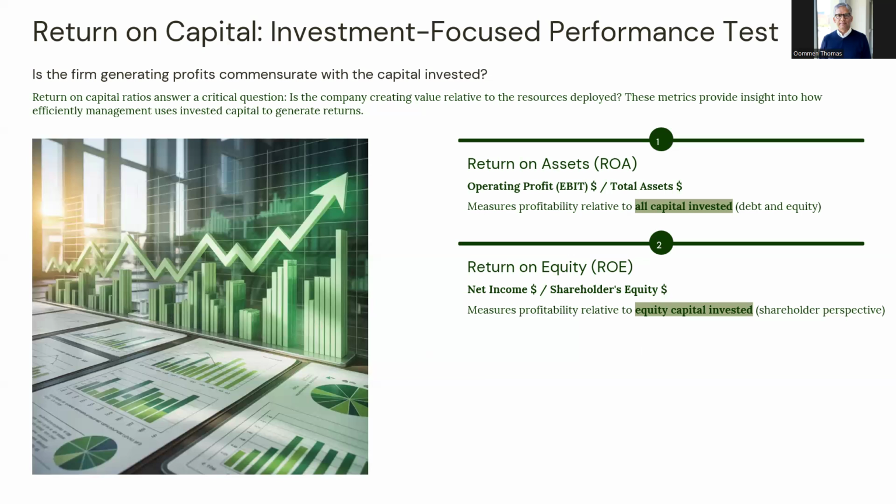This is a much more narrow measure of the profit generated relative to assets deployed, and it's viewed from a shareholder's perspective. But together, these two ratios reveal whether the company is generating adequate profits relative to the resources deployed by the company.